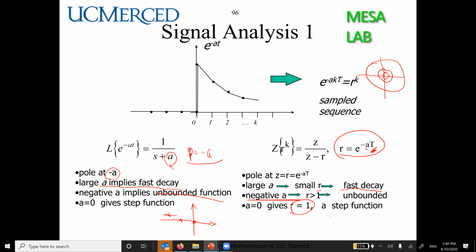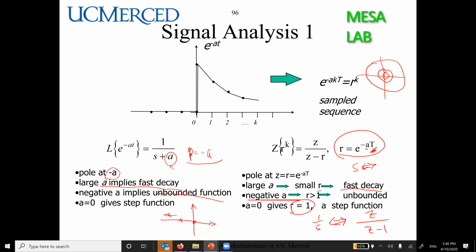That means there's integration. So 1 over s on this side becomes... In other words, I'm doing the inverse on both sides.